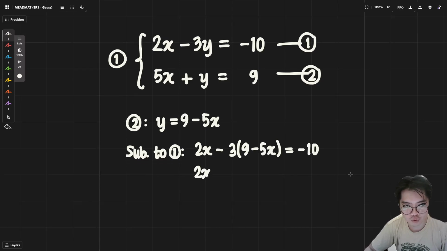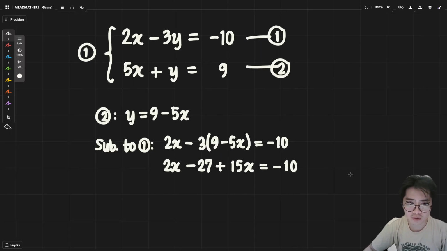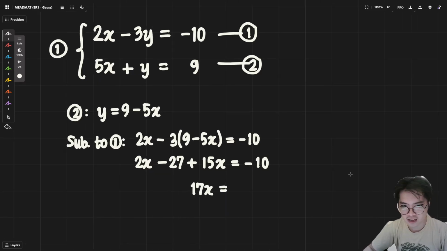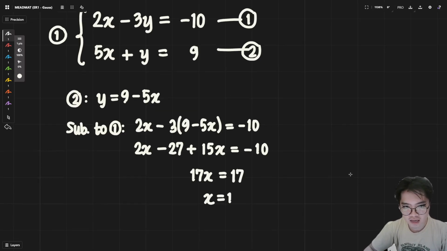If we're going to expand, we will have negative 27 plus 15x. We will have negative 10 still. And then we will have 2x plus 15x, that is 17x. And if you're going to put the negative 27 to the other side, that is negative 10 plus 27. Your 17x equals 17. And then your x is equal to 1.